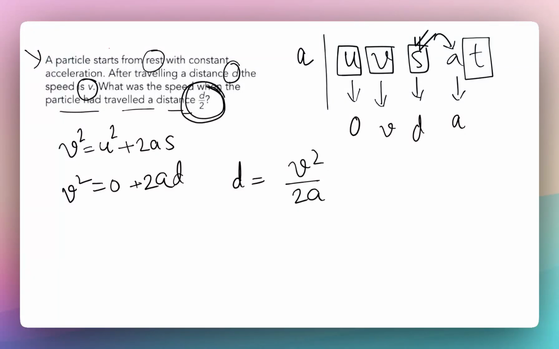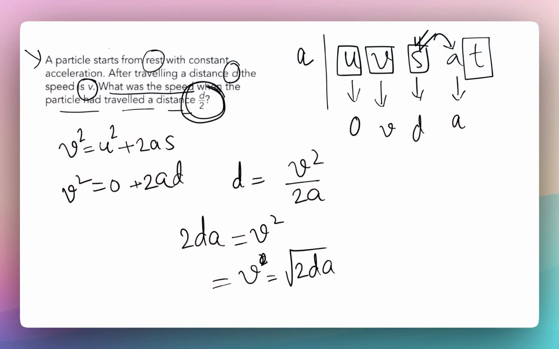Okay, so we have to find the speed, so we need to find v as a function of d. So I'm going to take it on this side: 2dA is going to be v squared. So v is going to be equal to root under 2dA. Now instead of distance d, if it travels a distance d/2 with the same acceleration, what will happen?